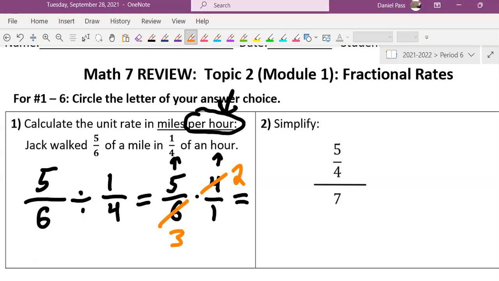Yep. Then we just multiply across. And what do we get? 10/3. Right, 10/3, or 3 and 1/3. Awesome.